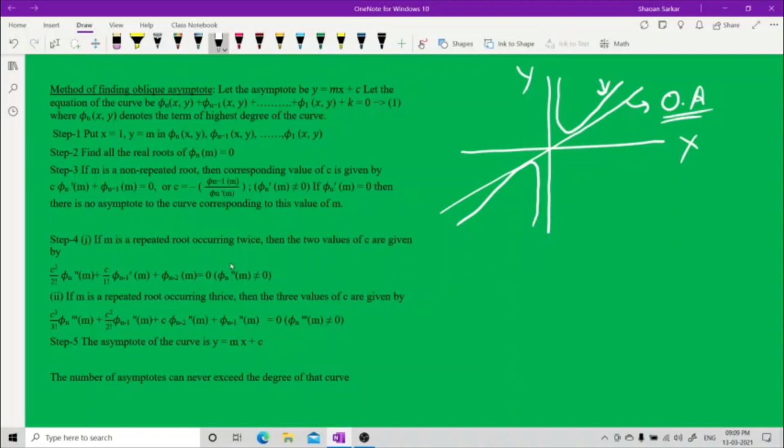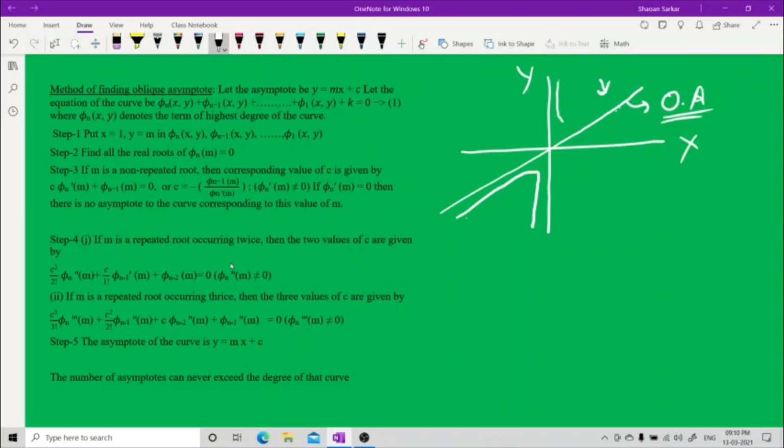This is the curve, and this is the line which will... Wait a minute. Sorry, I made a mistake in the diagram. This is the curve like this. So this line will touch this curve at infinity.